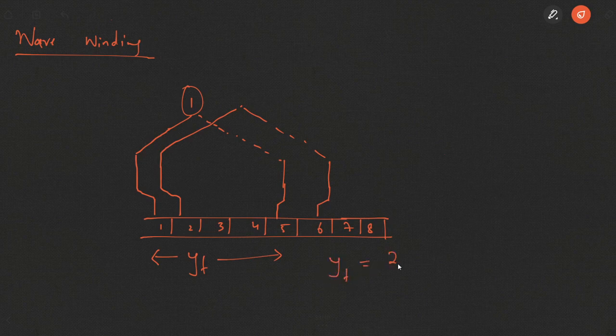For that we have a formula: YF equals (2C plus or minus 1) divided by P, where C is the number of coils and P is the number of poles.